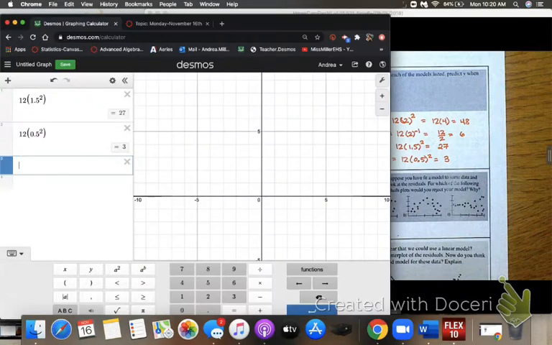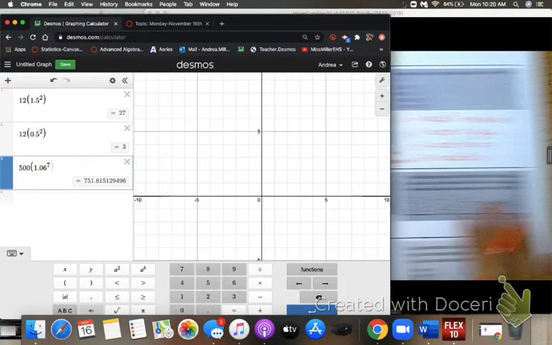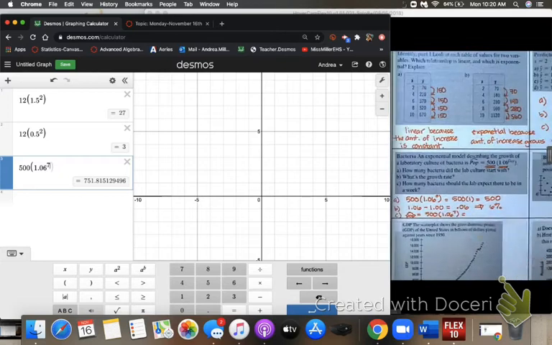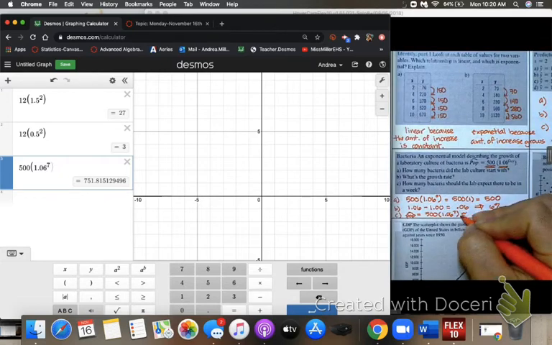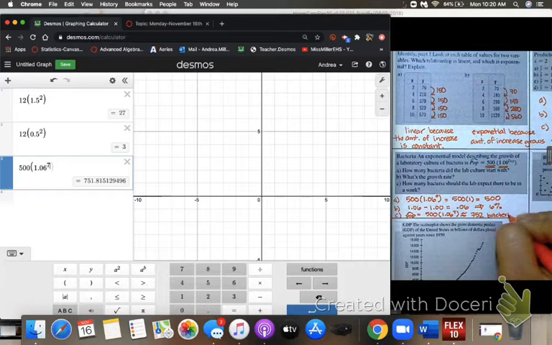In Desmos I get 500 times 1.06 raised to the 7th power, and here's what I get. I'm going to round that to the nearest whole number, which would be about 752 bacteria.